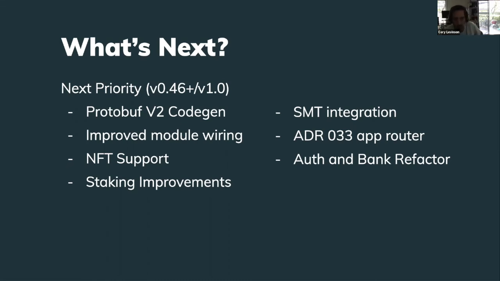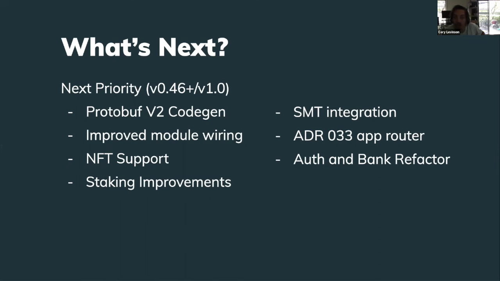But we have our protobuf v2 code gen, which we'll be talking about today, the improved module wiring, which is going to drastically simplify how you construct a base app. NFT support, so the merging in of the SDK's NFT module that the Iris team has been doing work on, as well as staking improvements, SMT integration, ADR 33 app router, and potentially an auth and bank refactor.